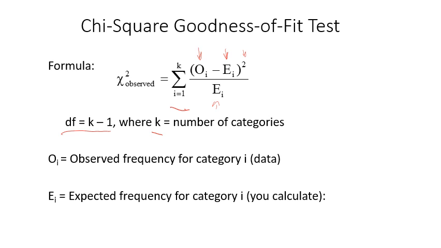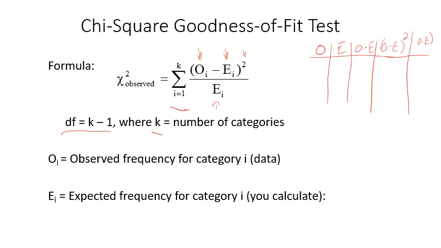We'll see this in the columns coming up, but it's typical to write it with an observed column, an expected column, observed minus expected, observed minus expected squared, and then finally observed minus expected squared divided by expected. Then you sum up that final column, and this is your chi-square.